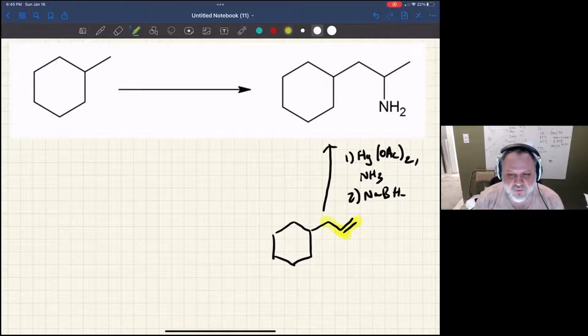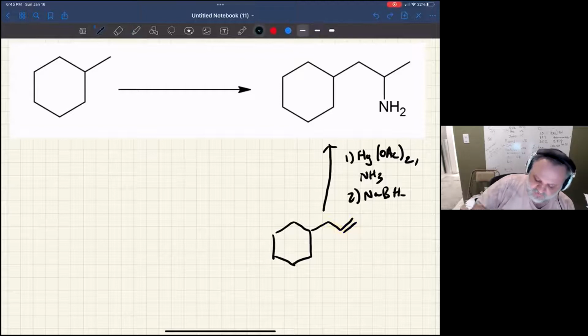Remember, the only way we can add carbons right now in this part of organic chemistry is through alkylation, which yields us alkynes. And so that's going to give me the idea that maybe I want to try reduction instead of elimination to make this alkene. And so that would take care of a lot of things for us.